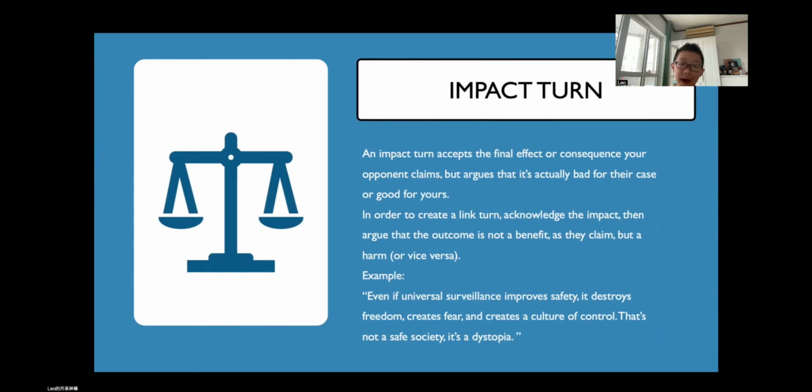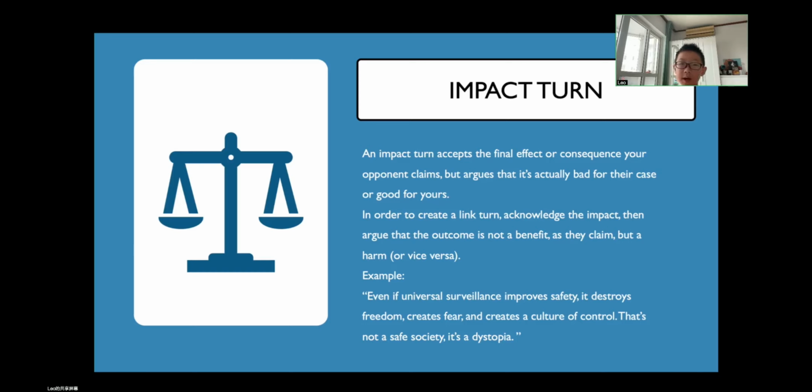Next, we'll go over impact turn. An impact turn accepts the final effect or consequence your opponent claims, but argues that it's actually bad for their case or good for yours. To create an impact turn, you need to take the cause and effect and twist the cause so that it actually supports your side.